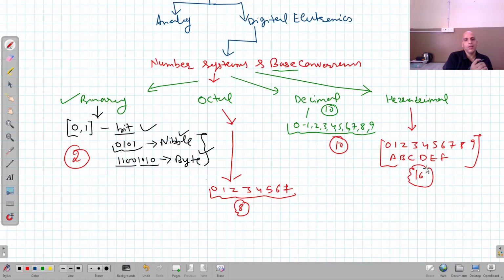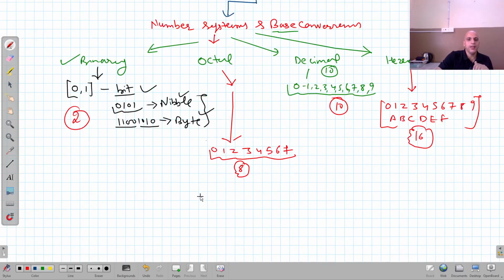Now I will come to the interconversions, because questions are asked on them. You can be asked to convert the given binary number into a decimal number, or the given decimal number into an octal number, or it can be anything: hexadecimal to octal, hexadecimal to decimal, binary to hexadecimal. These types of questions are usually asked. So I am starting with the binary.